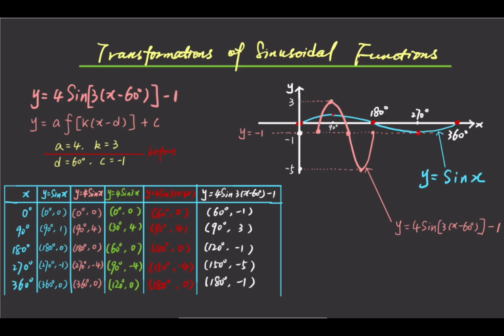But you need to know this point to this point, the x-coordinate should be here. It is 60 degrees. This point, it is 180 degrees. So this distance should be 120 degrees. You know here this is k equals 3, so you can use this calculation to figure out the period for the transform function.